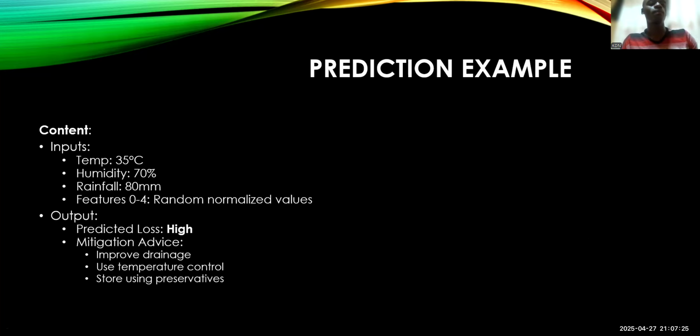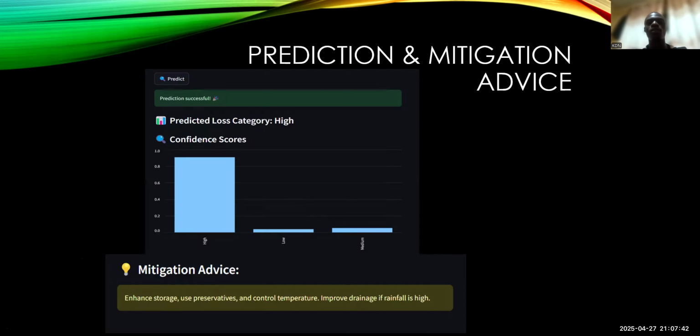For example, based on this input we had, it predicted that the loss is high and the mitigation advice was to improve drainage, use temperature control, and store using preservations. After that, we have the actual visualization of the prediction and the mitigation advice.